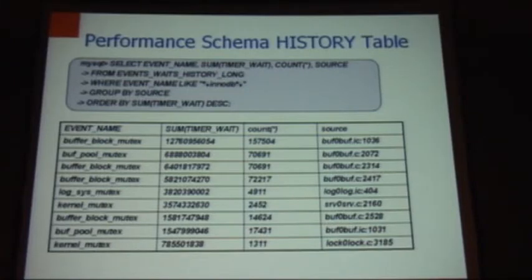So you can sum the time waits and you can count. The time waits here, just to mention, are in picoseconds, so it's a very small number, even if it looks like a lot. And you can also average it, certainly, because you have the count and you have the sum.